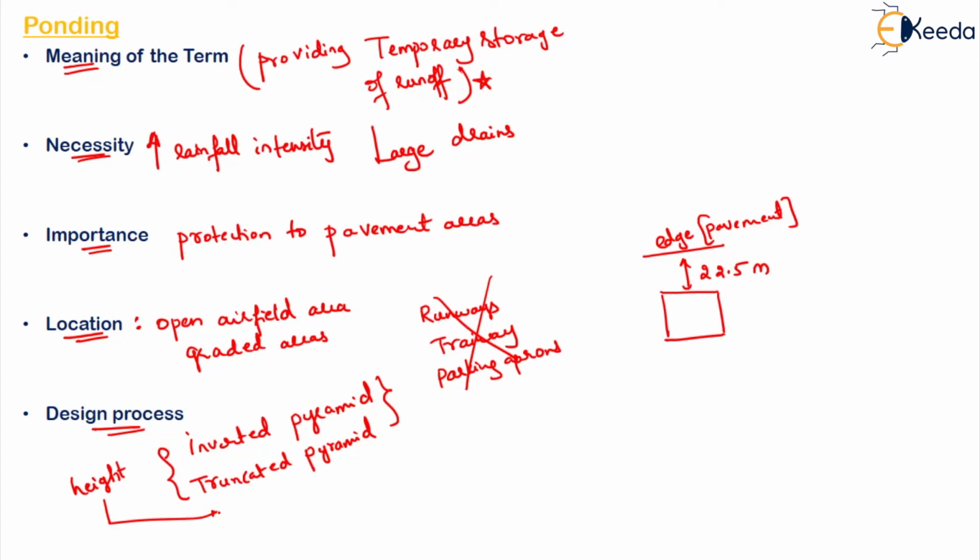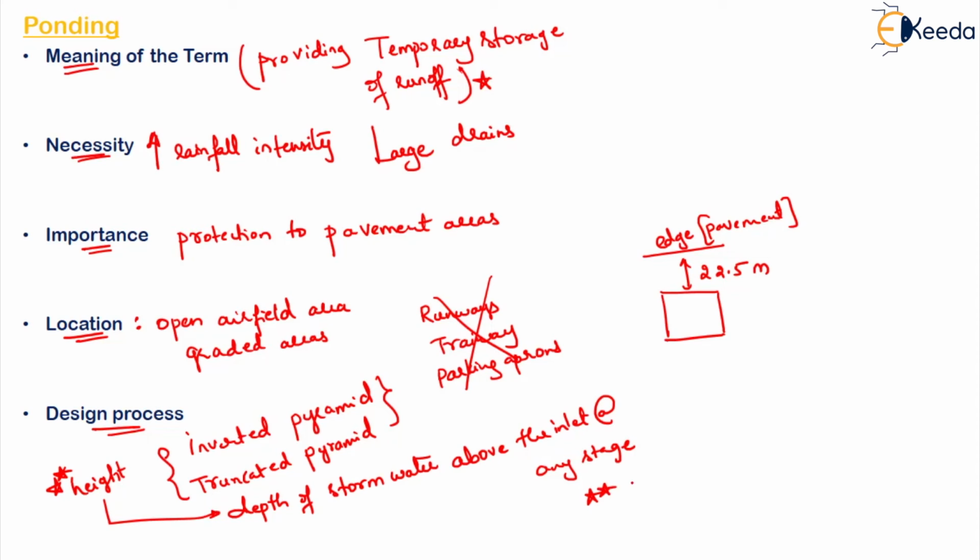So this height is equal to the depth of storm water above the inlet at any stage. And the area of the base should be taken as the surface area of the pond.